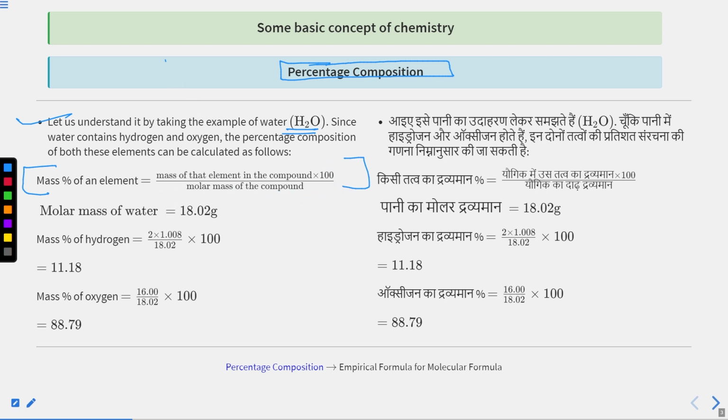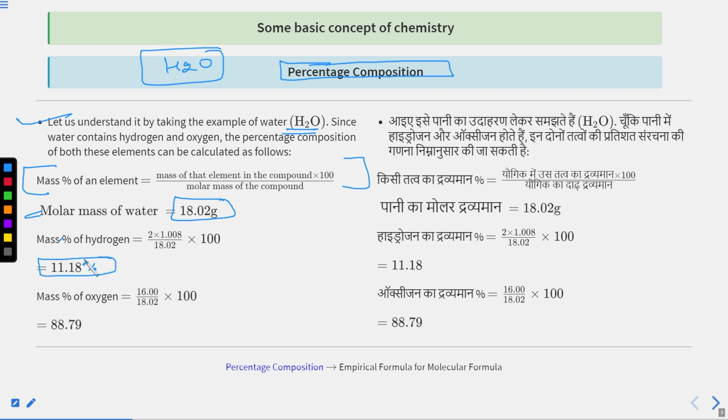If we calculate for water, the molar mass comes out to be 18.02 gram. The mass percentage of hydrogen is 2 into 1.008 divided by the molar mass of the compound, multiplied by 100, and it comes out to be 11.18%.